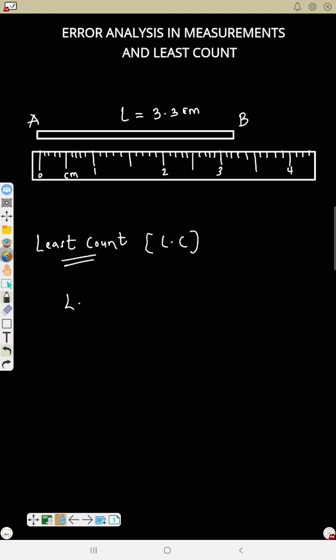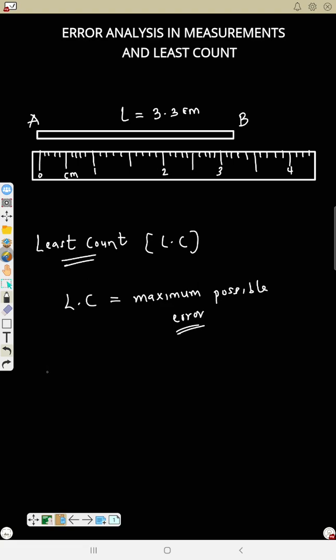Or least count is the maximum possible error.